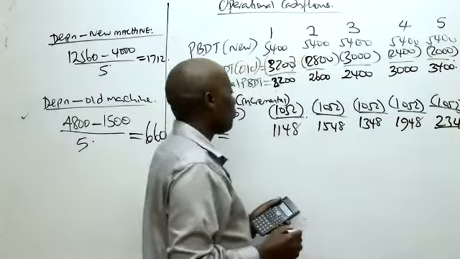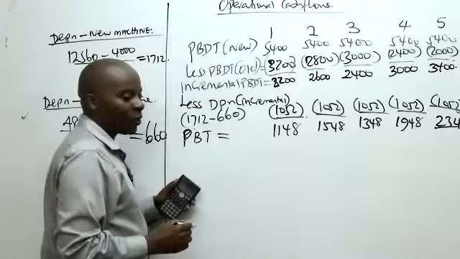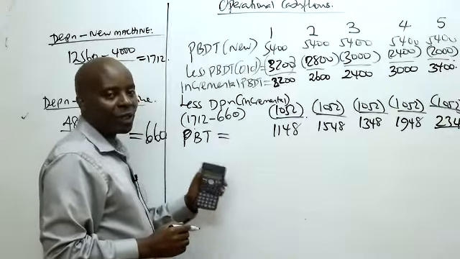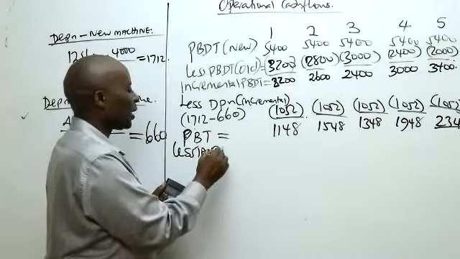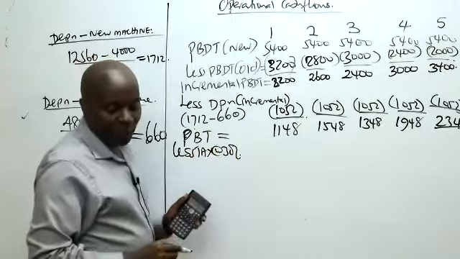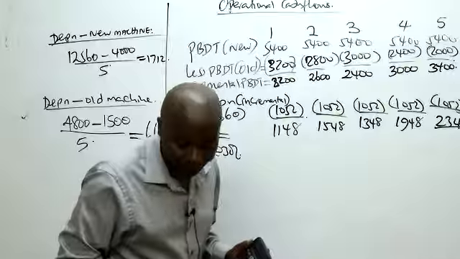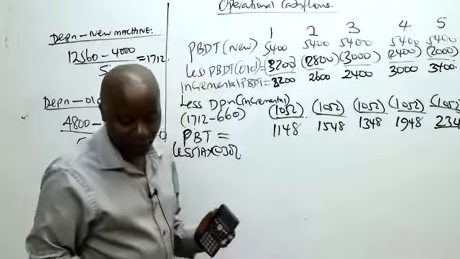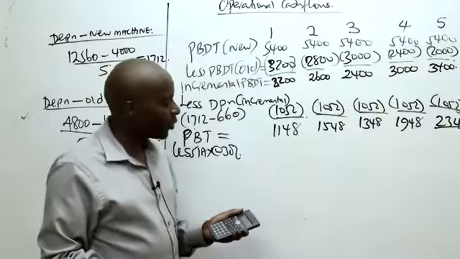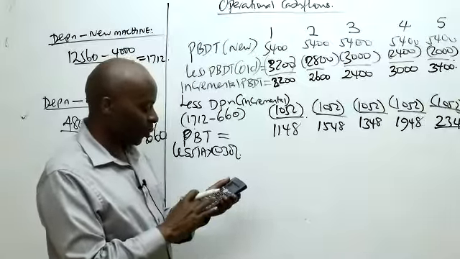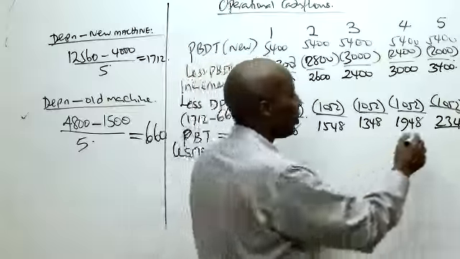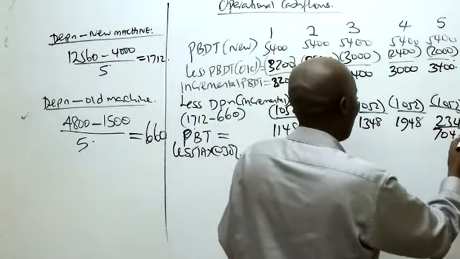Once you have your figures, these are profits before tax. Go ahead and share these with the taxman. So less tax at 30%. The 30% tax rate was given in the last paragraph before required. So we have times 0.3. For the last one, 704.4.